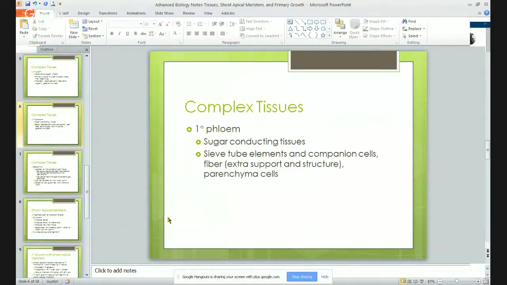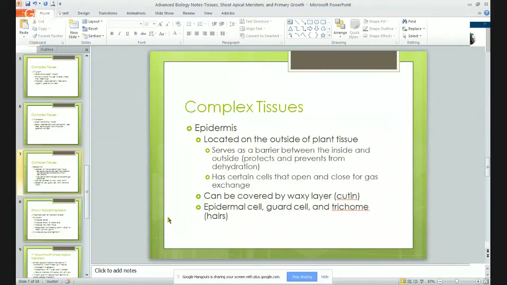Your last complex tissue is your epidermis, or your dermal layer. These are going to be located on the outside of your plant tissue. So when we start talking about your shoot apical meristem and then later your root apical meristem, they're all going to have an epidermis.